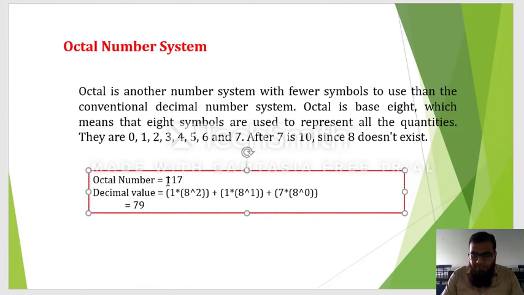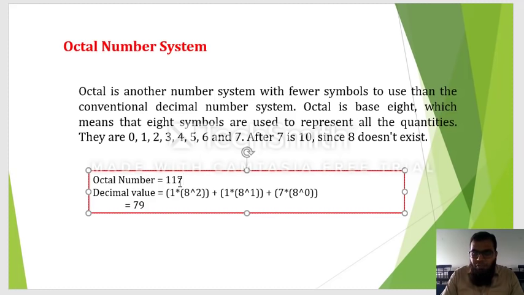multiply the digits of that number, by the places, with their bases. Suppose, see here, there is an octal number 117. How can I convert this into a decimal number? Obviously, this 117 is an octal number. So the first place from the right hand side is represented as 8 power 0th place. 8 power 0, because 8 is the base, right? For an octal number, the base is 8.